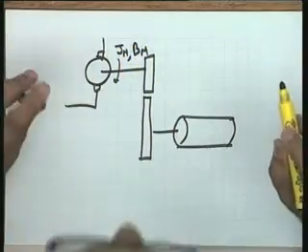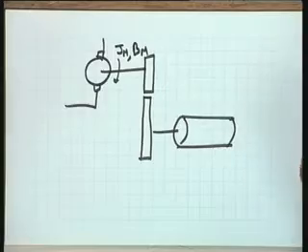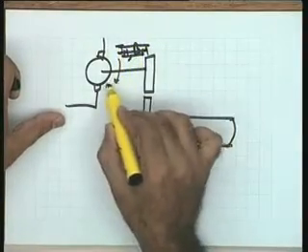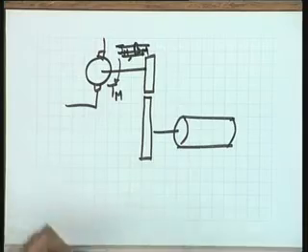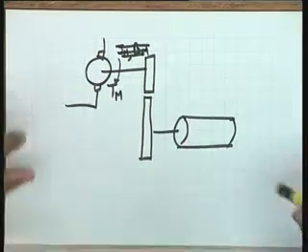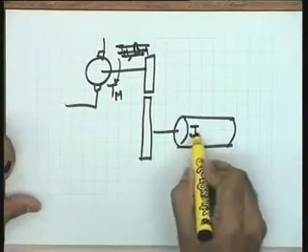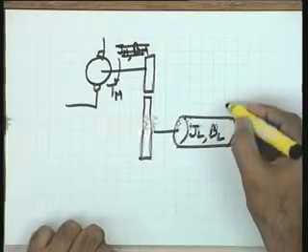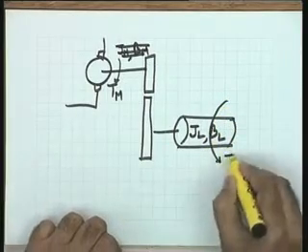Or let us neglect it for the time being. Tm is the torque developed by the motor. Let us say JL is the moment of inertia here and BL is the viscous friction and TW is the load torque.